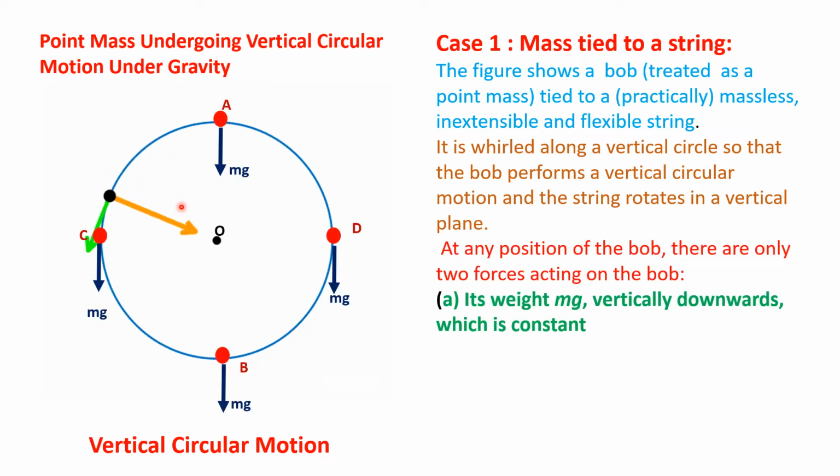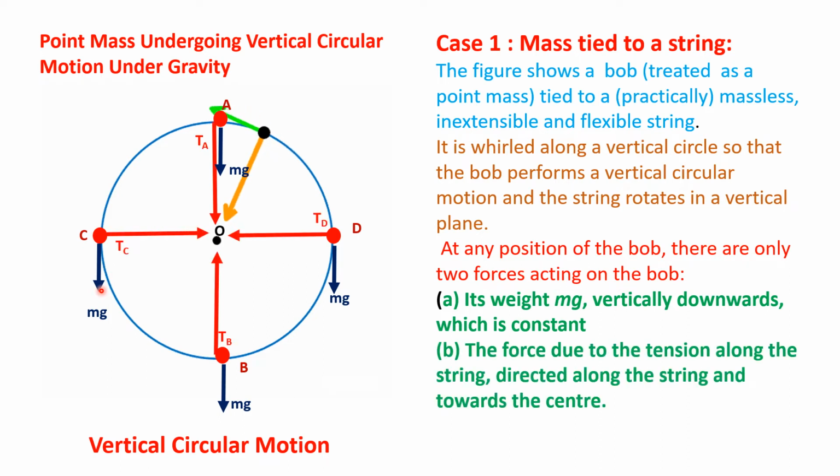At any position of the bob, suppose point A, point B, point C and point D show the position of the bob at 4 points. There are only two forces acting on the bob. One is its weight mg vertically downwards, which remains constant.